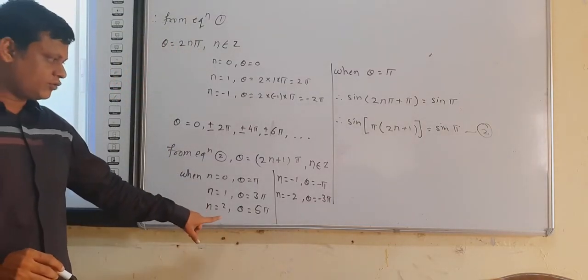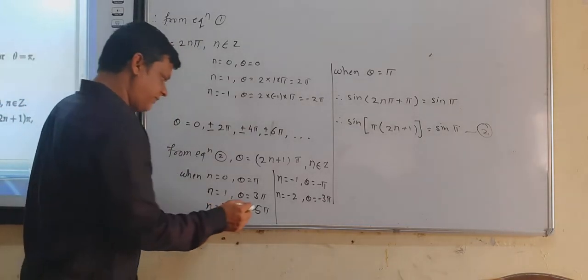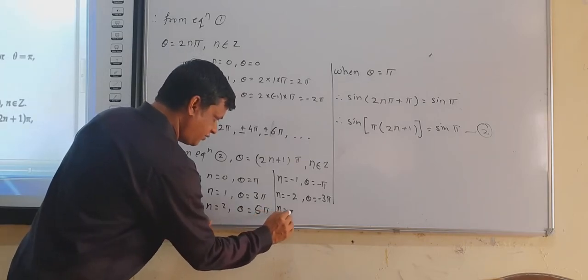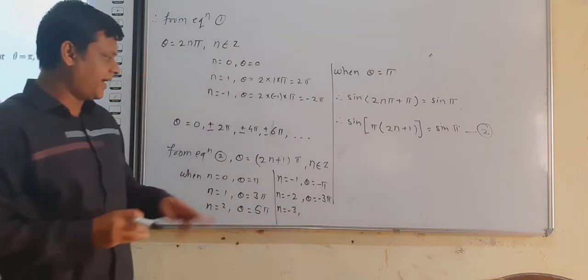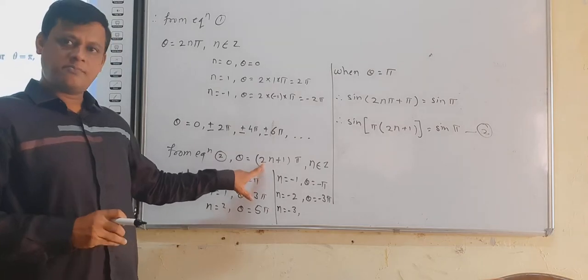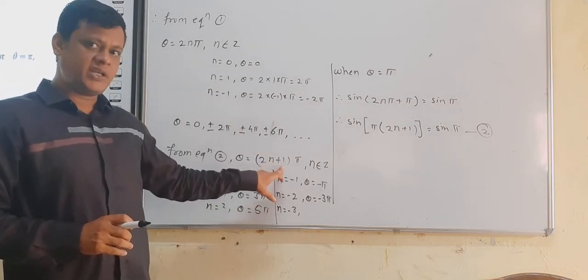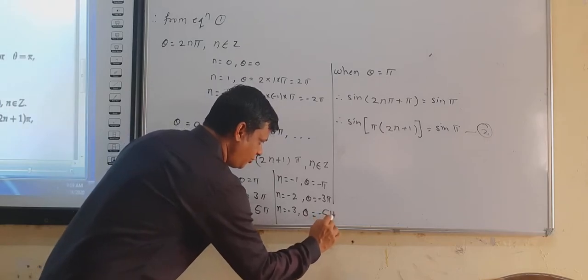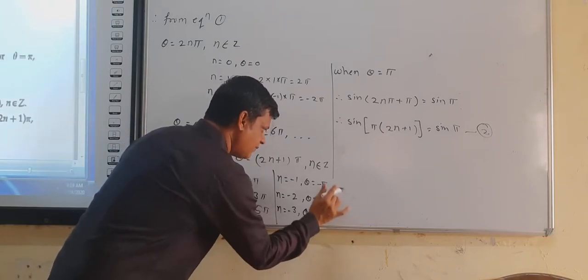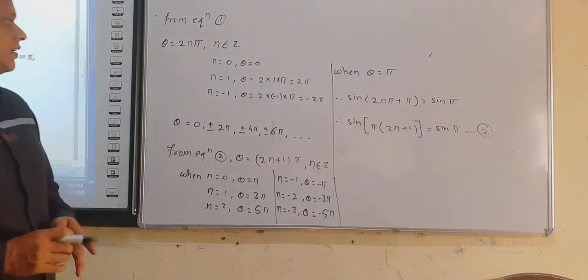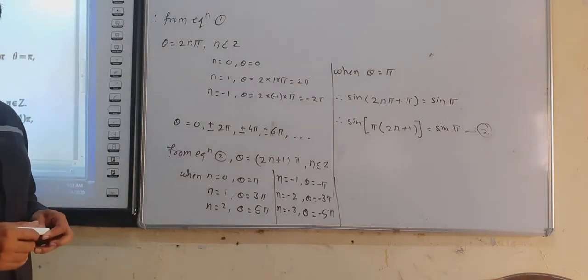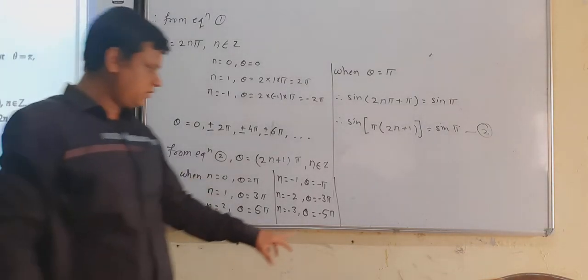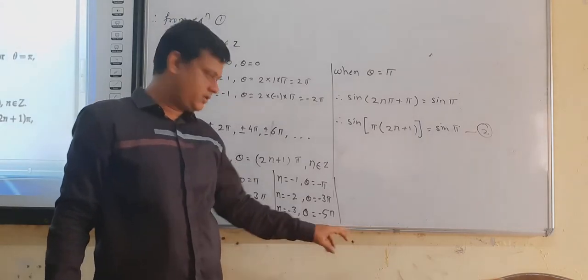When n equals minus 3, minus 3 into 2 is minus 6, plus 1 is minus 5, so we get theta equals minus 5 pi. Now observe the terms, the remaining terms you can observe from this.